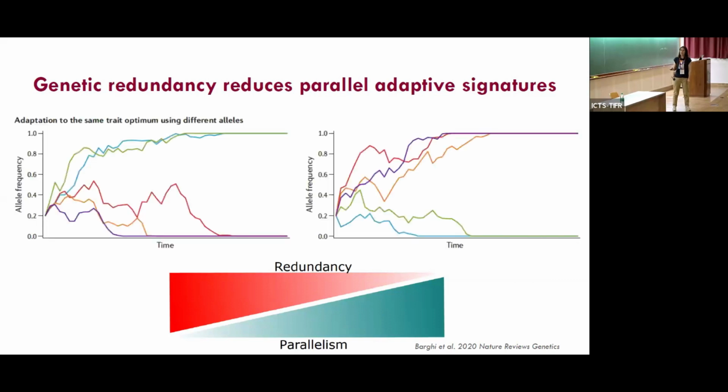And that would mean that we would have low repeatability. So in the cartoon, I'm showing that the two replicates can converge phenotypically, and one replicate can use alleles blue and green, and another one can use alleles red, purple, and orange to reach the same optimal phenotype.